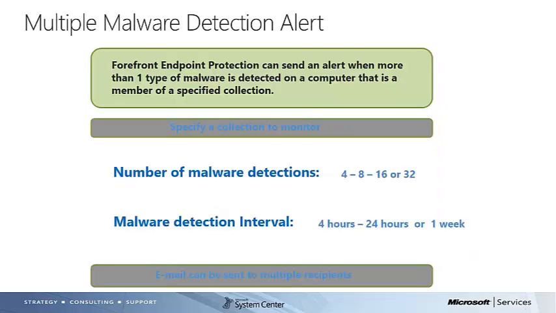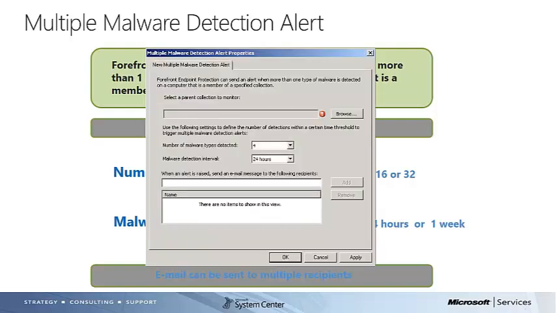And the flow chart for this is very similar to the previous one with the repeated malware. You monitor the collection, the number of malware detections, the interval, and then the email is sent to the recipients.